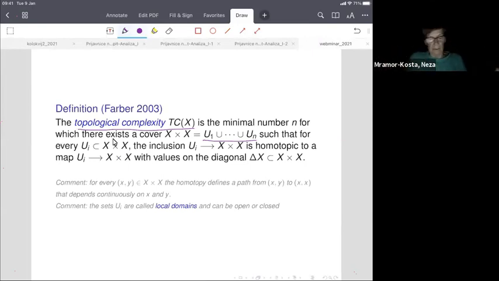If we're in the first local domain, we're going to use the first one. If our pair is in the last local domain, we're going to use the last algorithm. So we have to subdivide our algorithm into a finite number of continuous algorithms, each of which works on only a certain subset of the pairs X, X prime.